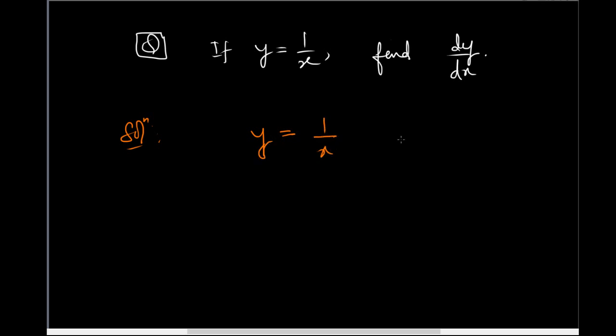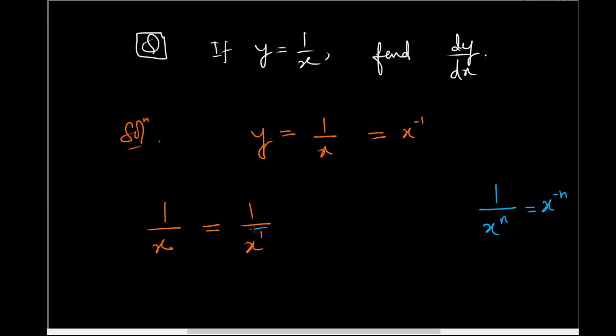Since y equals 1 over x, we can write 1 over x as x to the -1. Why? Because 1 over x is the same as 1 over x to the 1, and we know a property: 1 over x to the n is the same as x to the -n.